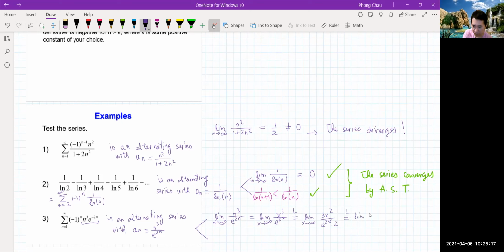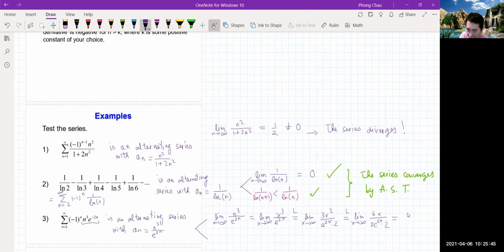Take the derivative, I have 6x over 2 e to the 2x. By the chain rule, there's an extra 2, so it's times 2, and x approaches infinity. And once again, you see the numerator and denominator approach infinity. But I can repeat with the L'Hopital rule one more time.